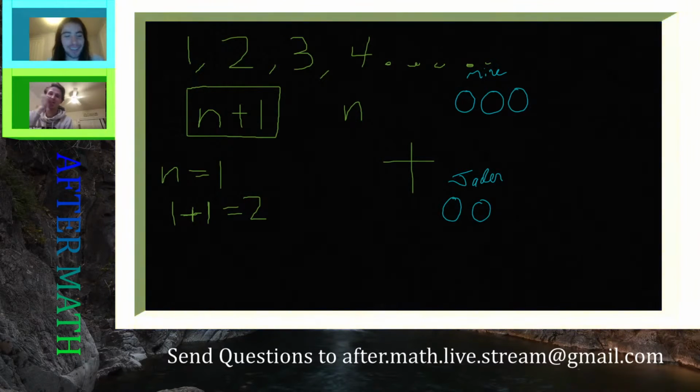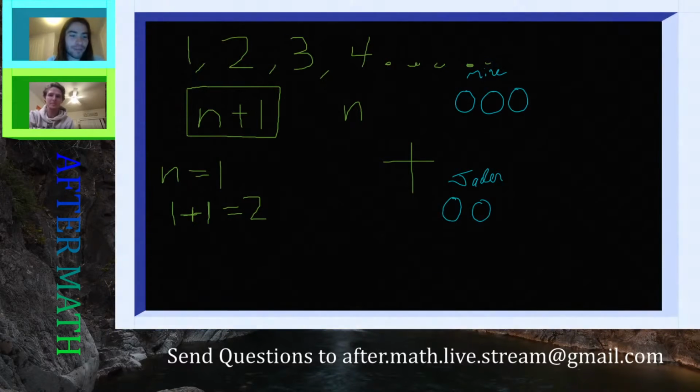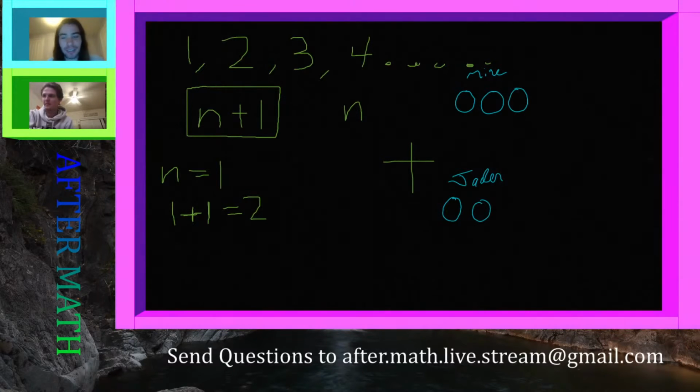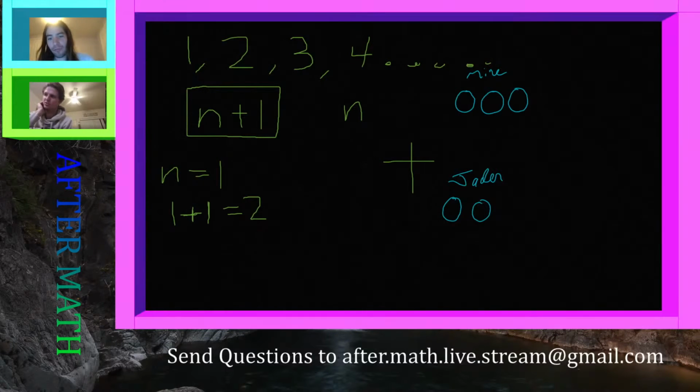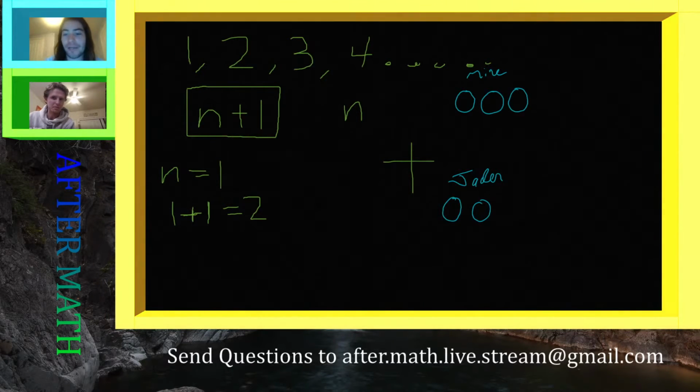Now, Jaden, what if I had a word problem that asked if Jaden and Kip combined their circles together, how many circles would they have? Well, then I would probably just have to count the circles, right? 1, 2, 3, 4, 5. So there'd be 5 total circles, right?